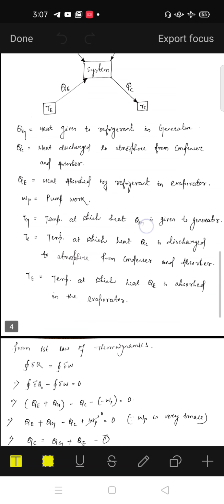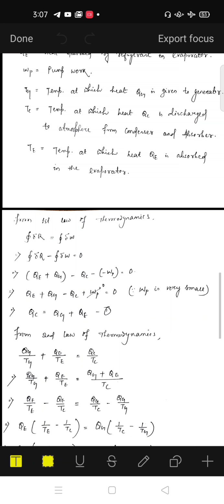So what will be my equation? My equation will be QE plus QG minus QC is equal to the net work, minus Wp. Why am I taking minus? Because it will come to the LHS of the equation. But we are neglecting the pump work because it is very small in comparison to the heat supplied in the generator.